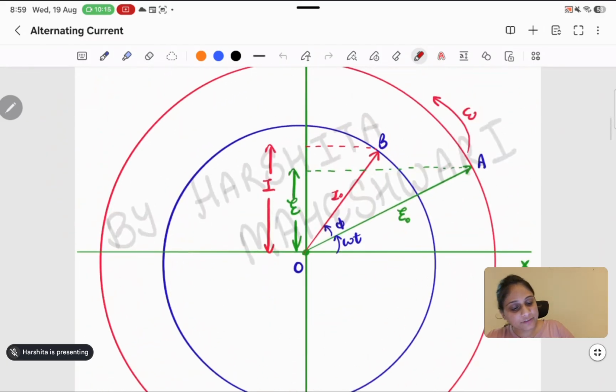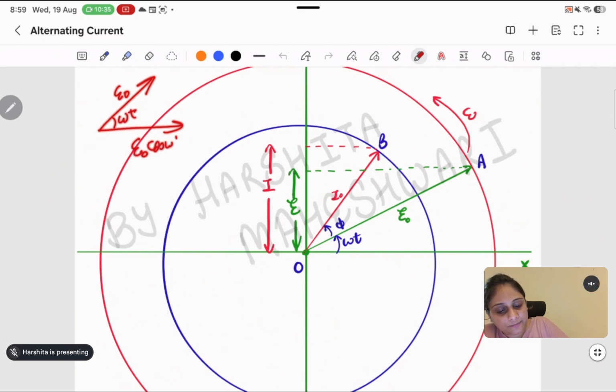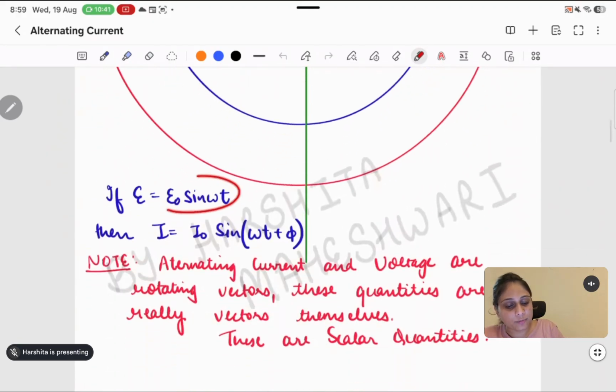Because if this is my EMF, I have to take the component of E naught in the vertical direction. So it will be E naught sin omega t. If this is E naught and this is my angle omega t, then here it will be E naught cos omega t, and in the vertical it will be E naught sin omega t. So we took that as the sine omega t version.